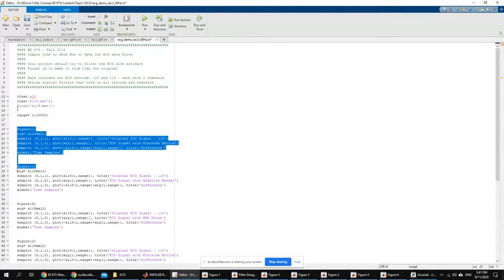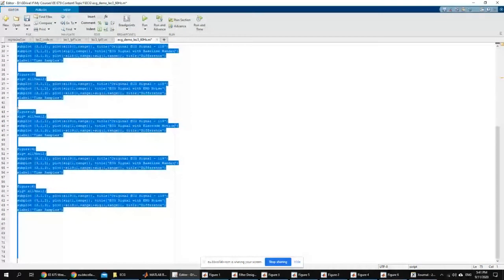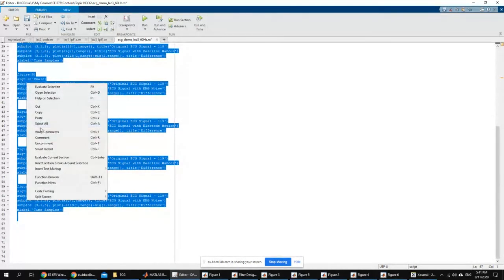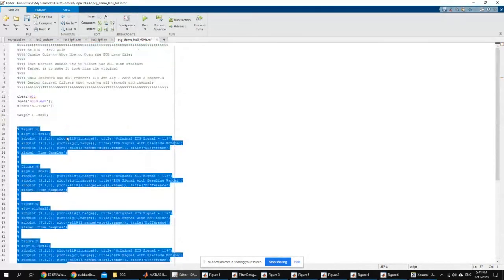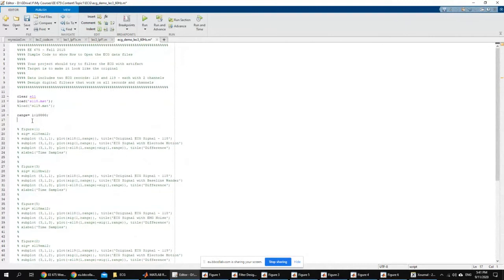And I don't need these figures. I already have the data, so I'm just going to comment these out. We're going to do that for all the experiments we do. We don't really need the part where we plot the data, but we might plot them after we do whatever we want to do.